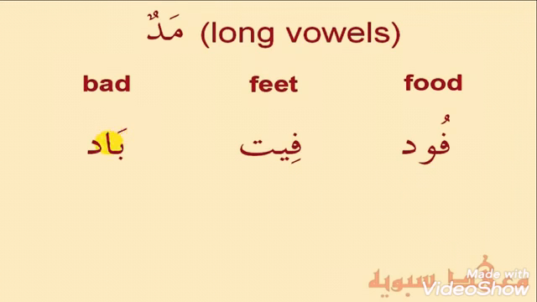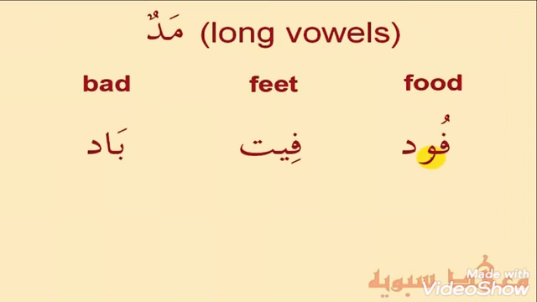That's where we get the elongation, the long vowel. Similarly, here we have a kasra, and then following it is the ya. So it's an E sound. And finally, we have here a dhamma, followed by the waw. So it's a U sound.